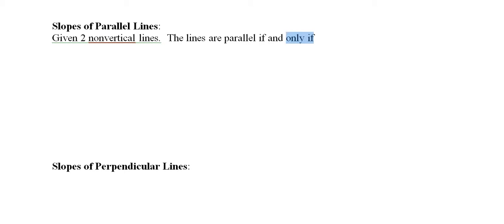So let's first get right down to defining some things here. Slopes of parallel lines: given two non-vertical lines, and non-vertical here is important, the lines are parallel if and only if, and this is a very important phrase, their slopes are equal.